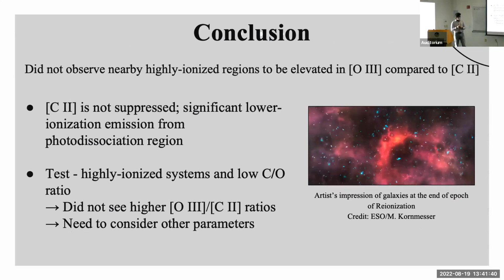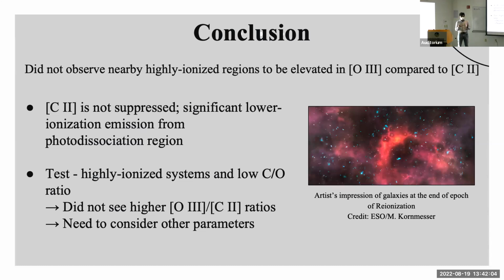So coming to my conclusion, we did not observe nearby highly ionized regions to be elevated in O3 compared to C2. And we can say that C2 is not suppressed in these local systems because there was significant lower ionization emission from the photodissociation region.